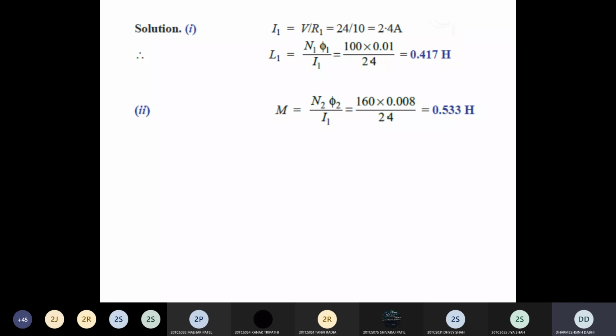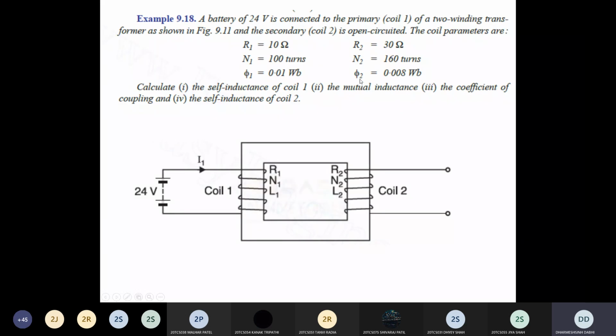Now, how to find out mutual inductance? We know that here current is flowing into coil number 1. So mutual inductance M is equal to N2 into phi 1 2 divided by I1. That equation you know. Clear? But here you can see that in the example phi 2 is given as 0.008 Weber. So what is this flux?